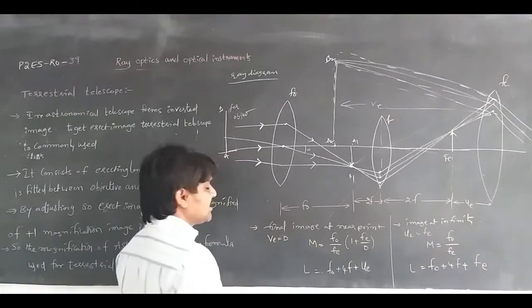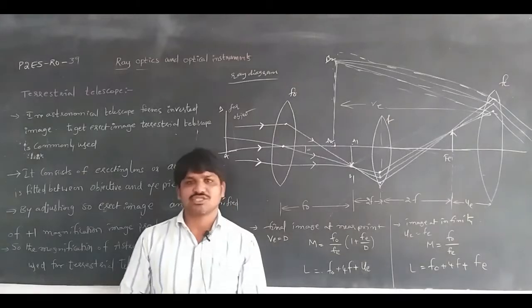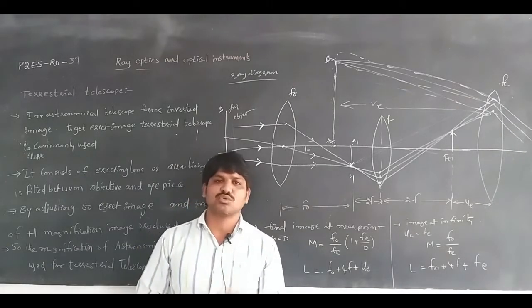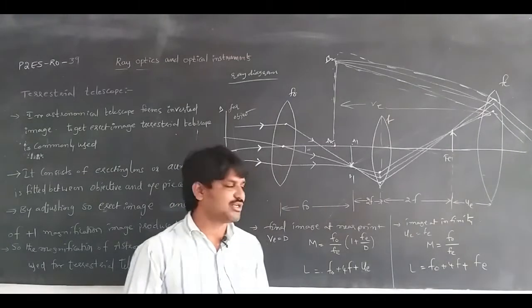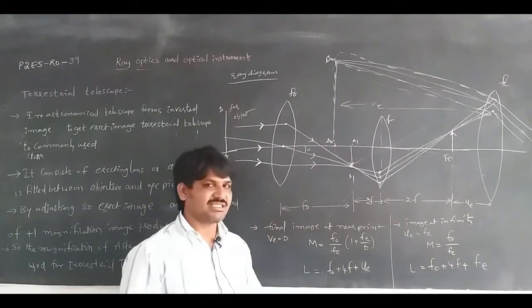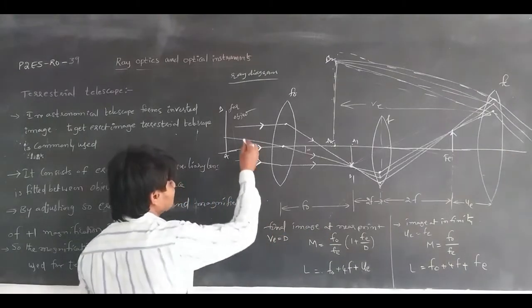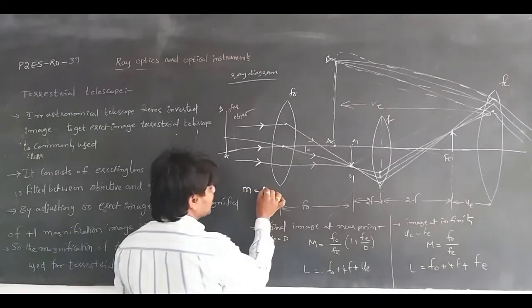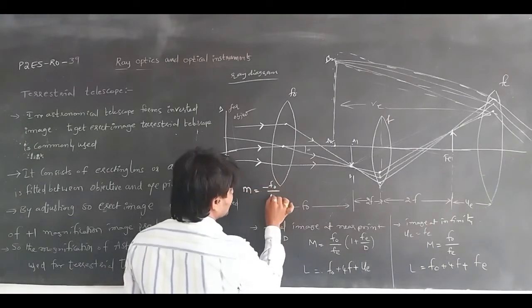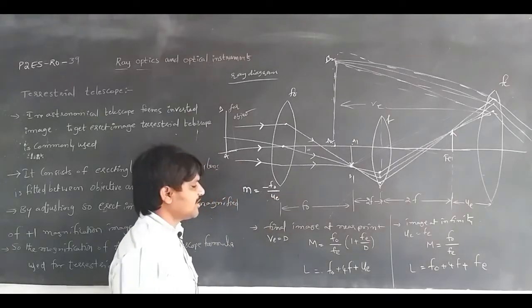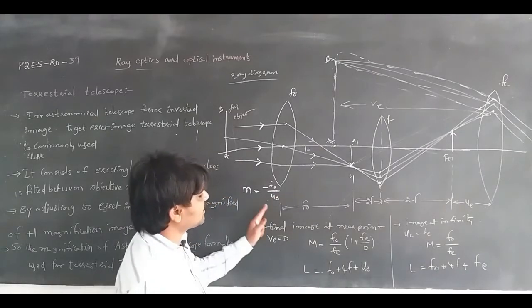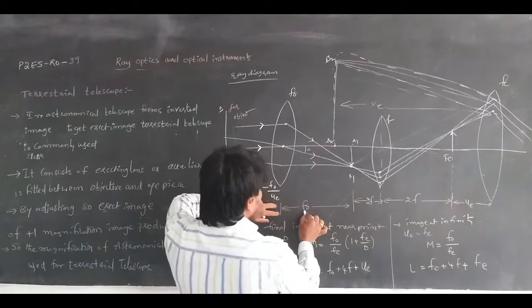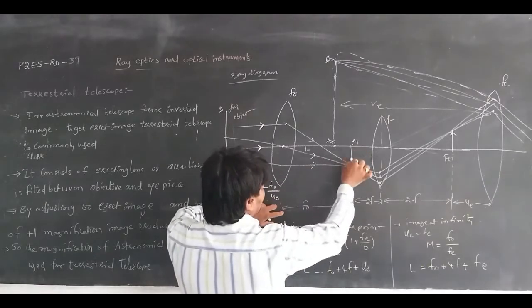As with the astronomical telescope, we can do two adjustments using this lens. First, the final image at the near point. We know the magnification formula is m equal to minus f0 by ue. This is the focus point where the final image is formed.